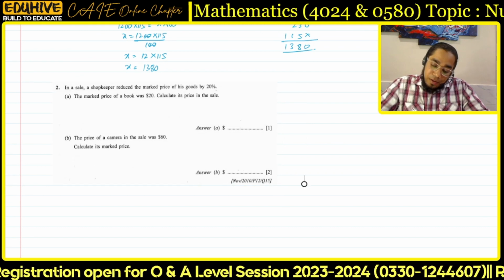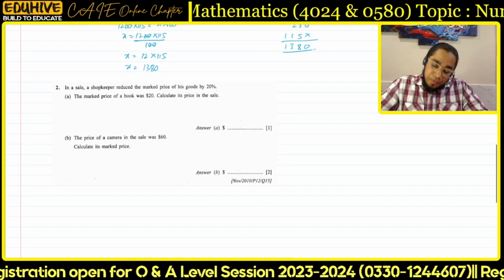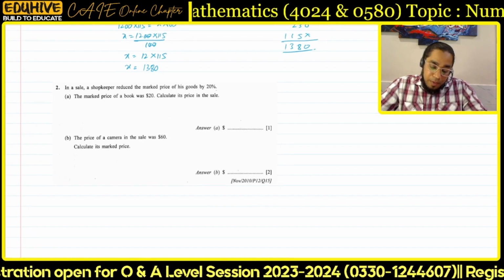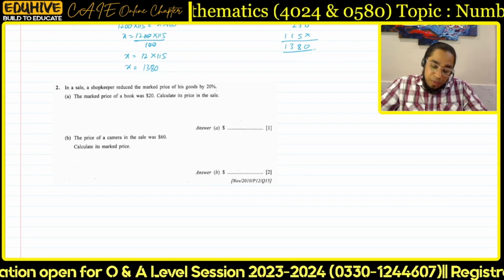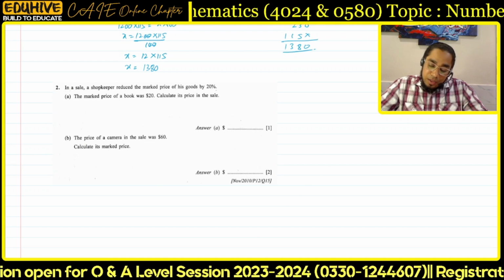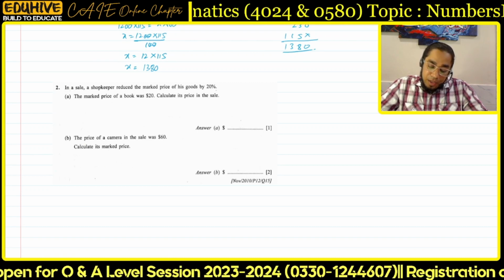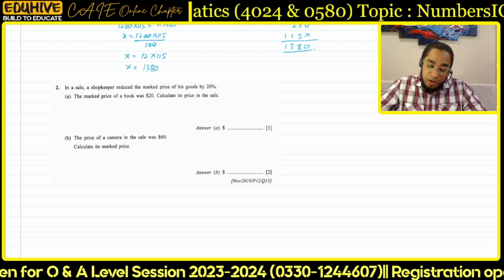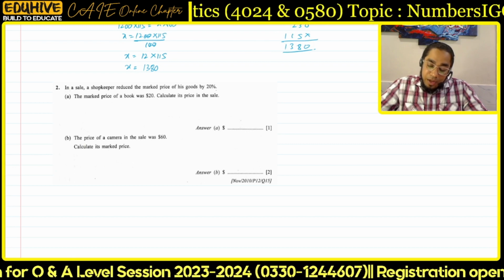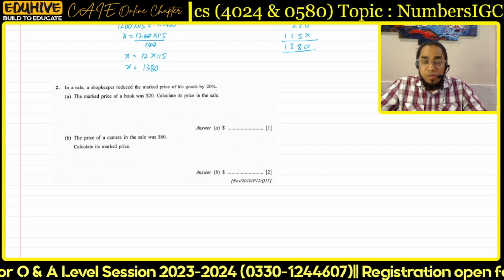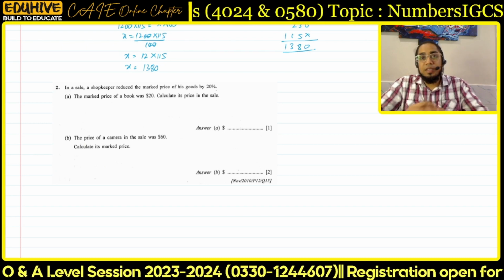So we got over here. So here, in a sale, a shopkeeper reduced the mark price of his goods by 20%. The mark price of a book was $20. Calculate its price in a sale. We want to calculate its price in a sale.